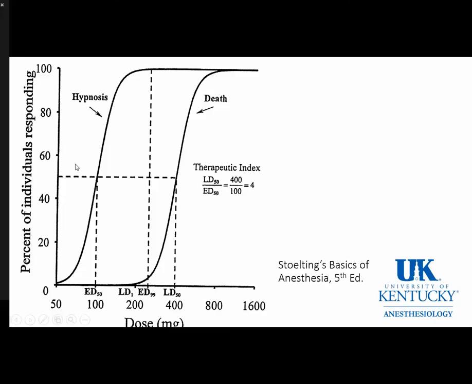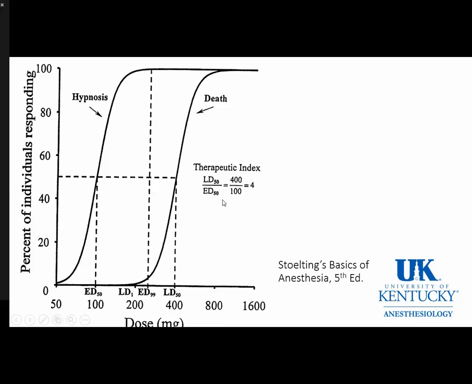And if the drug is one that maybe is a hypnotic used in anesthesia, we have 50% of that same population responding favorably with hypnosis, sedation, unconsciousness at a dose of 100 milligrams. So the therapeutic index in this case is 4.